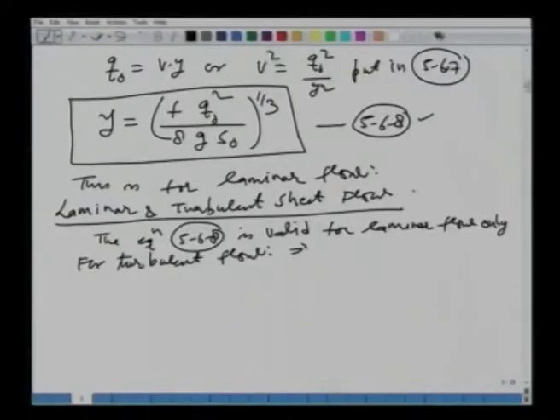For the turbulent flow in the channel, what is the most important equation? For turbulent flow we use the Manning equation. So, when the velocities in the overland flow become significantly high, the Manning equation becomes applicable. So, we will analyze this flow resistance equation, or the velocity we can find using the Manning formula.